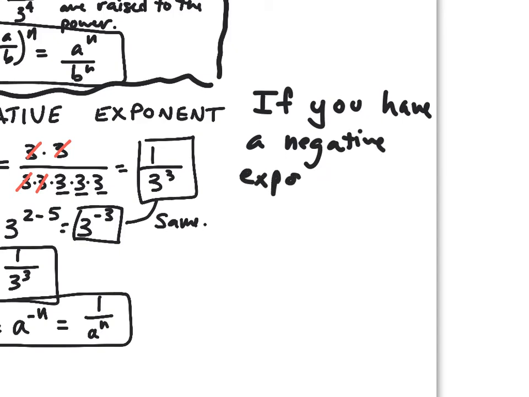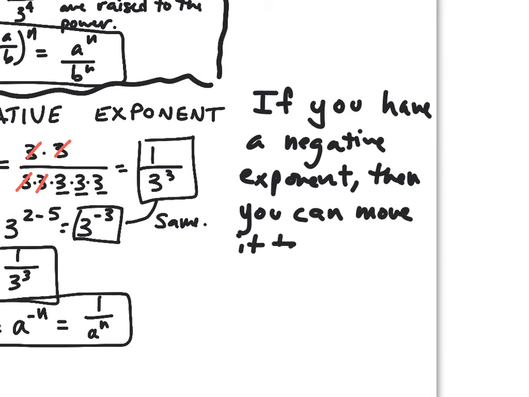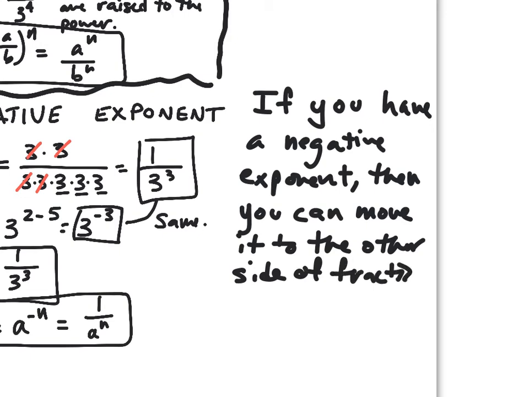If you have a negative exponent, then you can move it to the other side of the fraction and make the exponent positive.